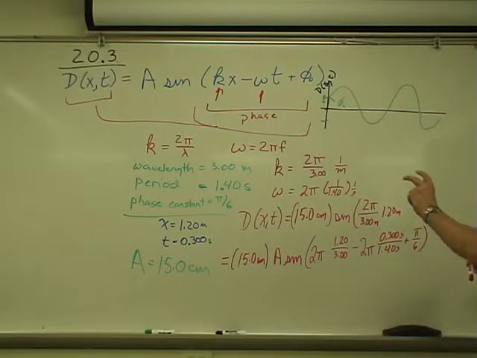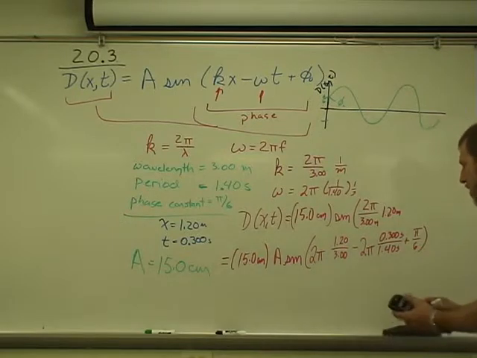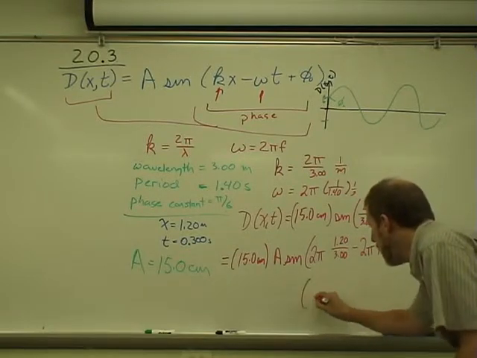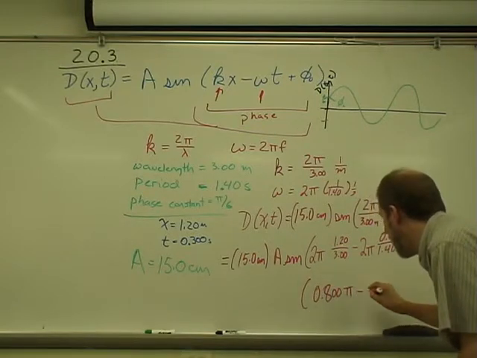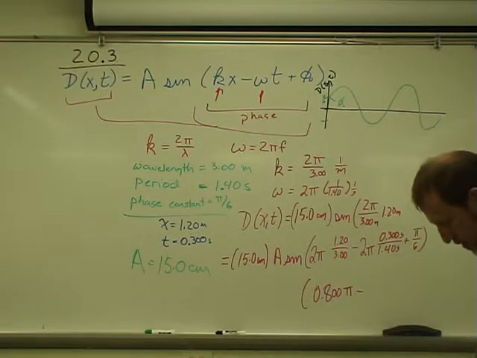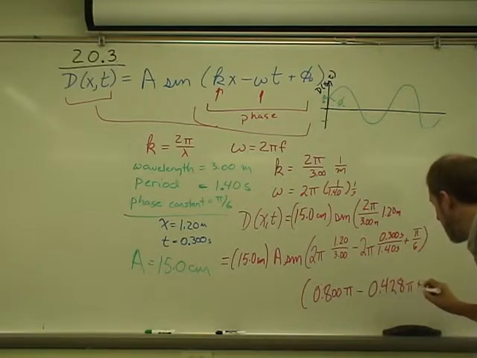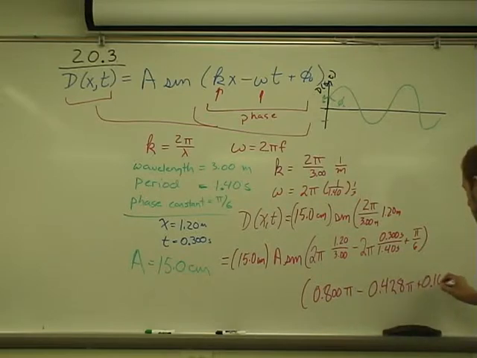I'm going to pause this here because the rest of this is, well, let's see. 1.2 divided by 3 times 2 equals 0.8 pi, minus 0.428 pi, plus 0.167 pi.